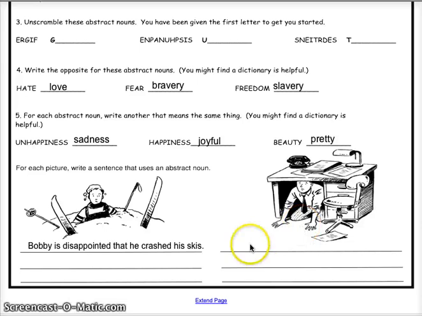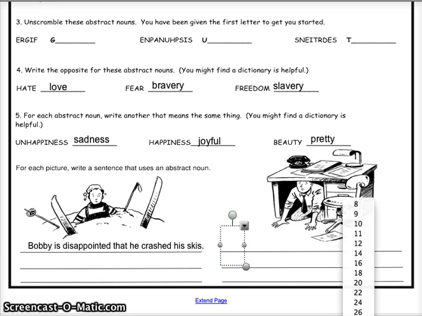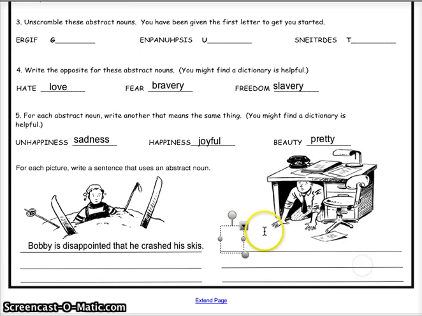Let's go to this next one. Okay. Now, he's hiding under his desk, so I think he's probably scared. So let's say we had Bobby over on this side. Let's call him Billy.